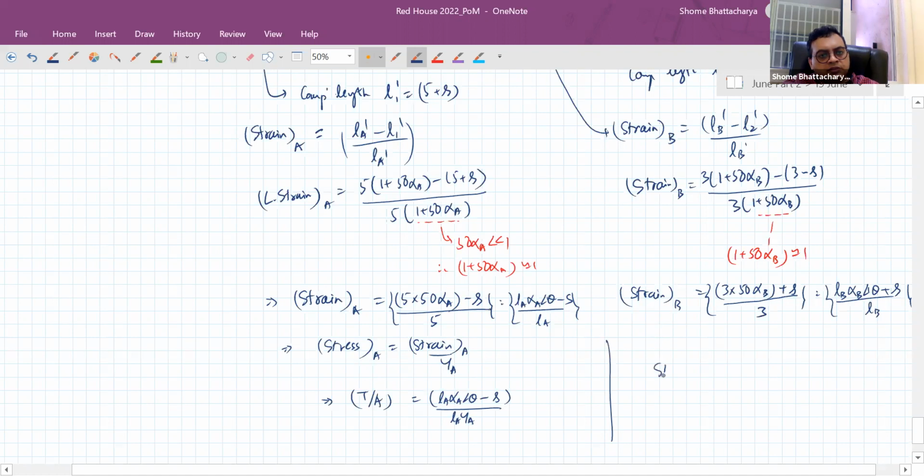And similarly, the stress is upon Young's modulus. So same area of cross section, and same amount of tension.